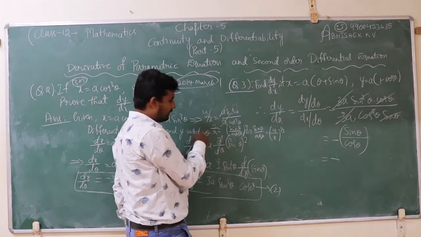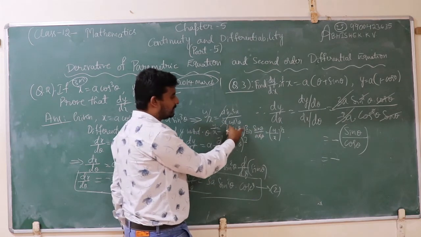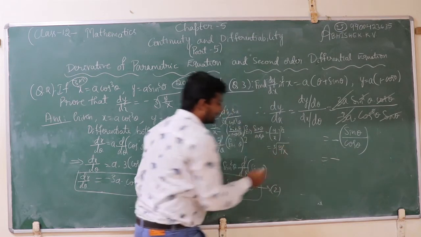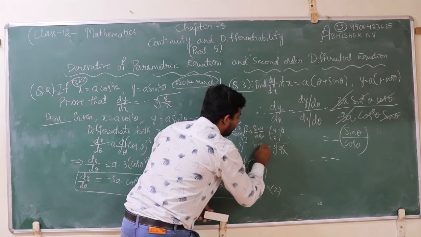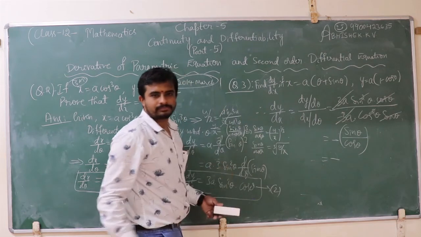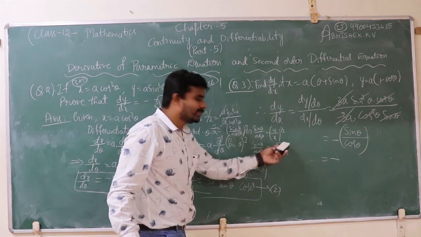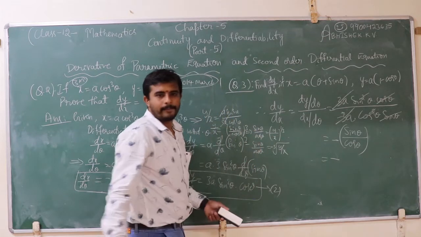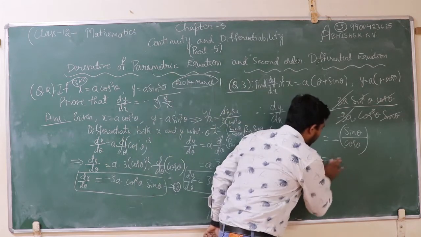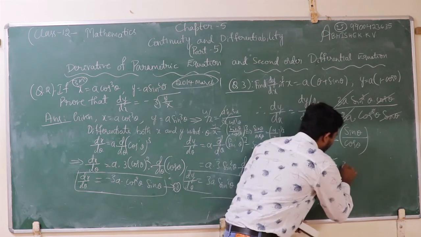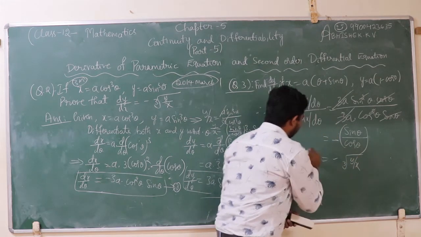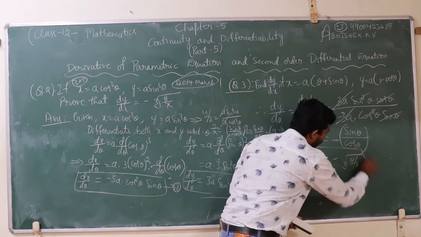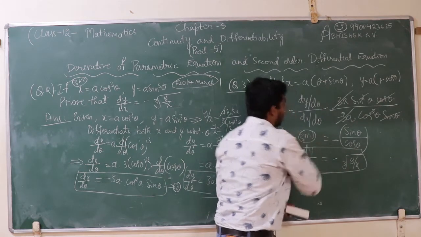This 3 is converted to 1 by 3 when we transfer it to the LHS. So sin theta by cos theta can be written as cube root of y by x. We have a minus, so multiply both sides by negative. Therefore, we can write negative of cube root of y by x. This is dy by dx. Hence, we prove. So, this is for 3.